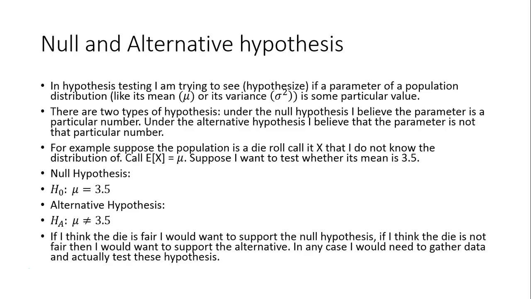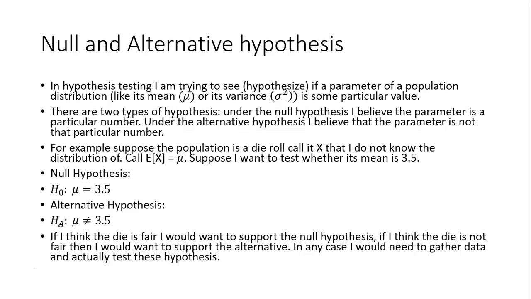So the T and Z, these are hypothesis tests. That's what we're going to be doing today. In hypothesis testing, I'm trying to see or hypothesize if a parameter of a population distribution, like its mean or variance, is some particular value.